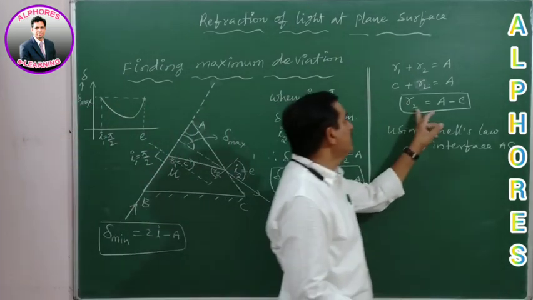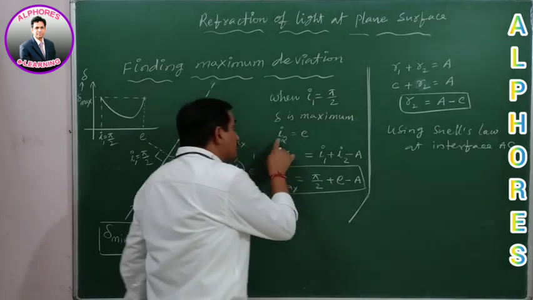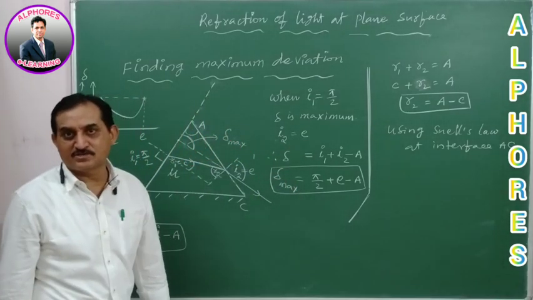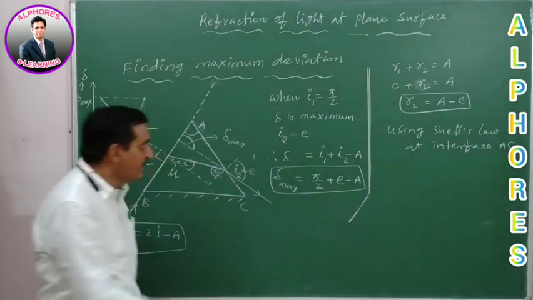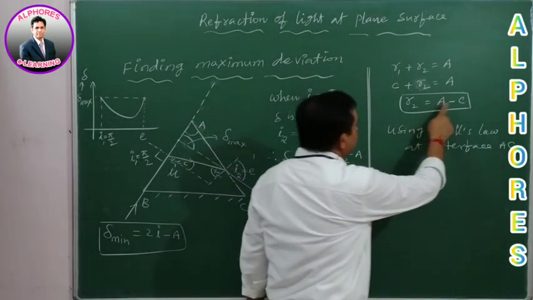Here I2 is the angle of emergence, not R2. R2 is the angle of refraction at the second interface. Therefore, R2 is equal to A minus C.